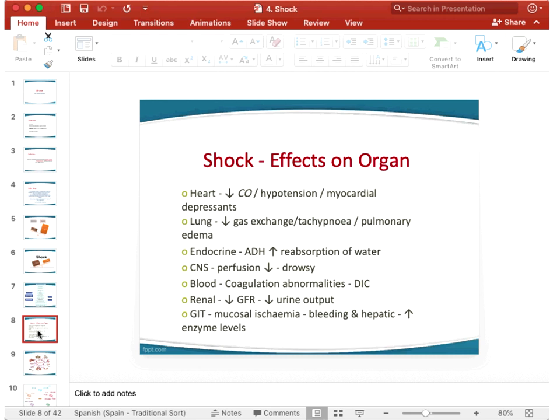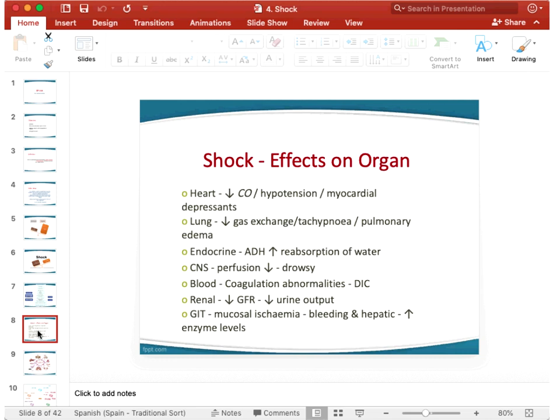The early stage is that everything will start failing. How do we see that? Well, our heart is going to start diminishing its cardiac output, and we're going to see that by hypotension and myocardial depression. The lung is going to diminish the gas exchange, and we're going to see that through tachypnea and pulmonary edema. The endocrine system is going to fail as well, increasing the antidiuretic hormone, which in turn will try to increase the reabsorption of water.